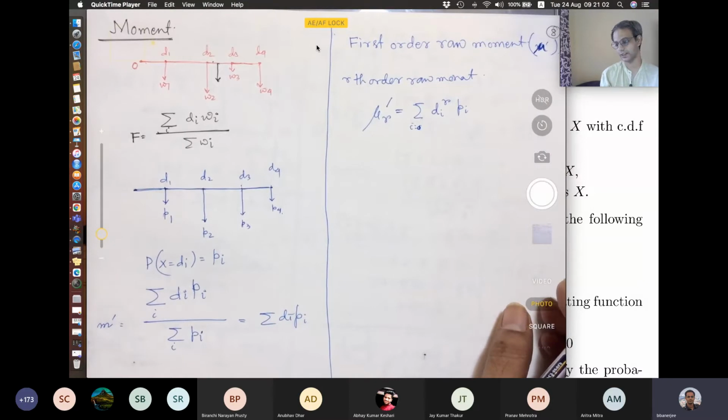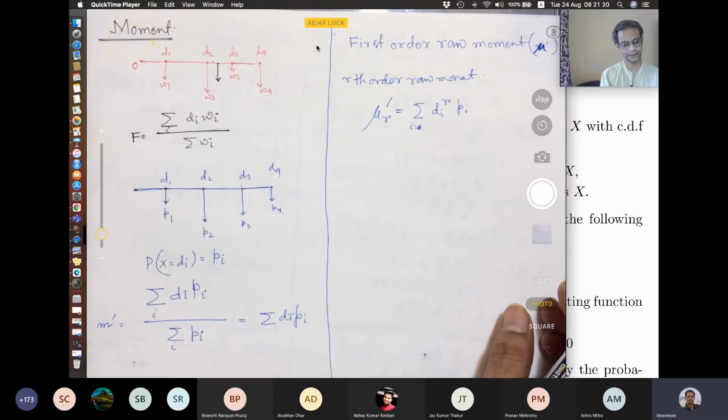But to define this, we have to be a little bit careful because some technical problems will arise. What are the technical problems that can arise?